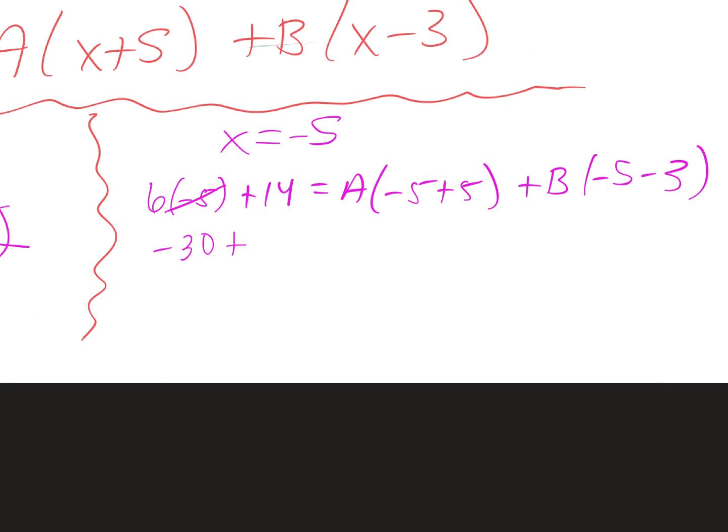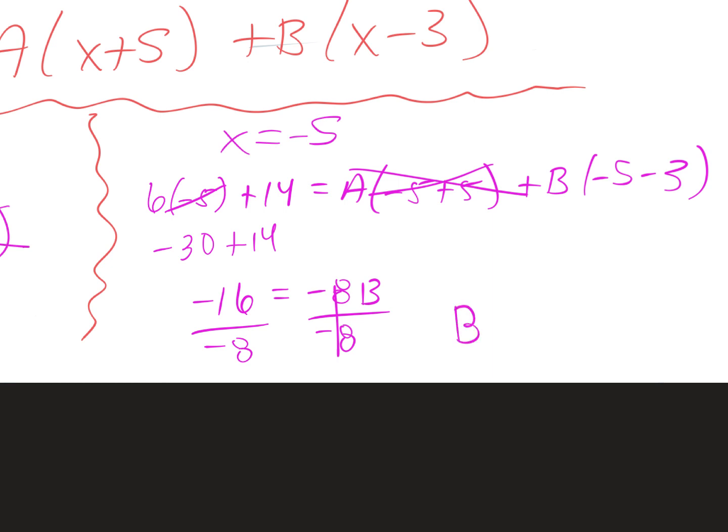Negative 30 plus 14 gives me, what, negative 16, okay? Equals, well guys, what happens with negative 5 and positive 5? 0, and then 0 times a is 0, so what happens? This cancels out. With my b term, what's negative 5 minus 3? So I have negative 8b. Divide both sides by negative 8, and what does b equal?